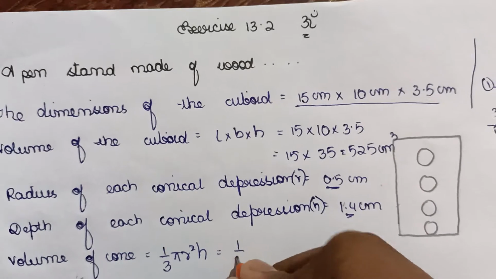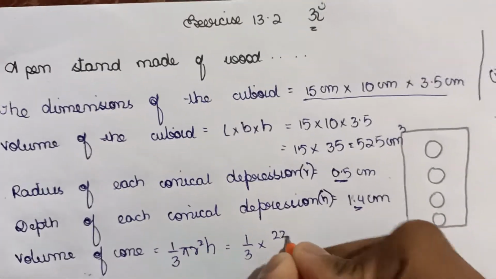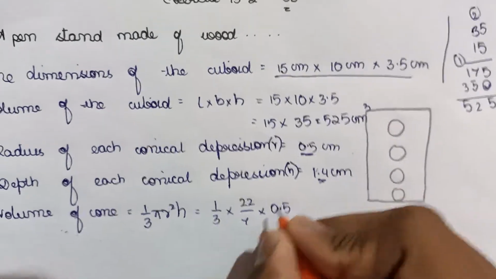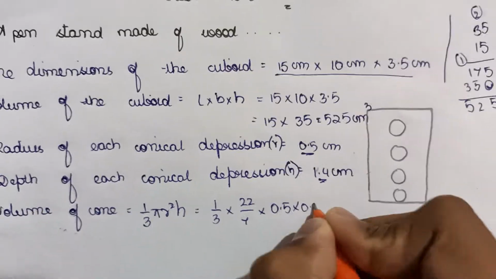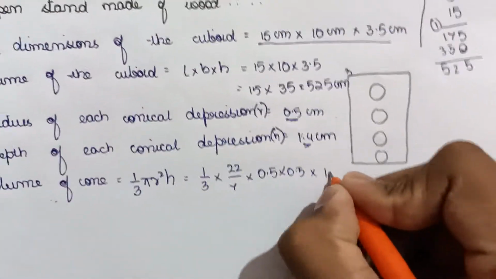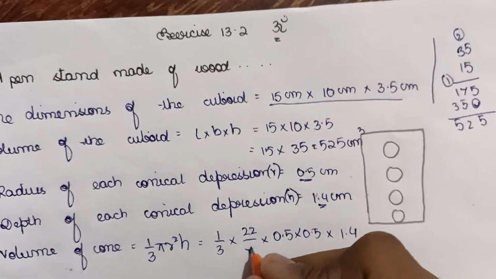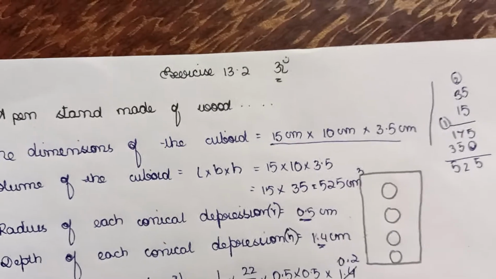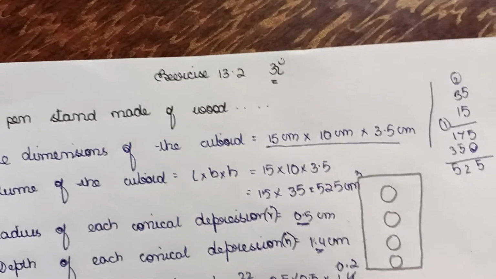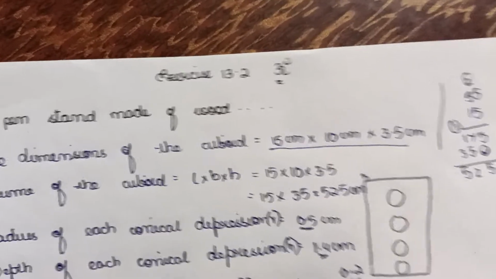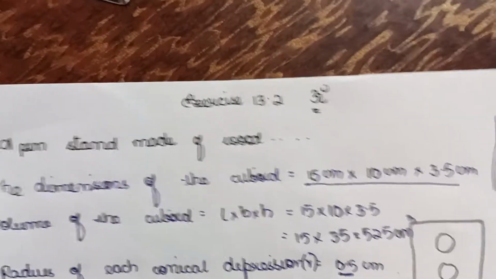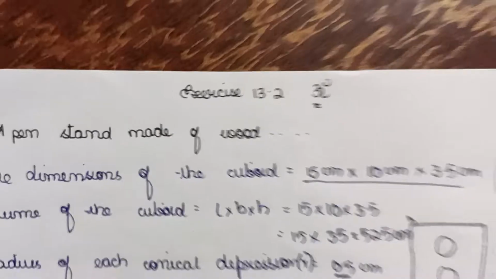So let's substitute the values. 1 by 3 into, let's take pi as 22 by 7, and the radius 0.5 squared, another 0.5, into 1.4. So let's cancel 7 into 0.2. Let's leave the calculation: it's 22 into 0.5 into 0.5 into 0.2 divided by 3.